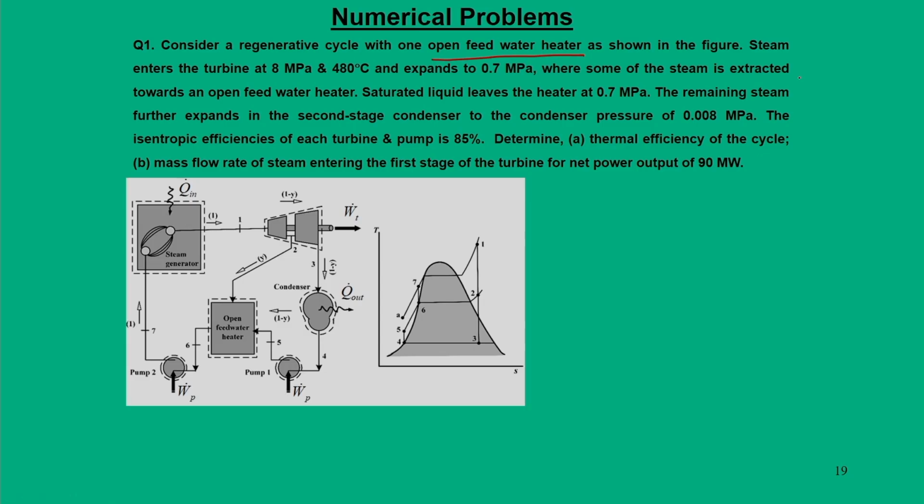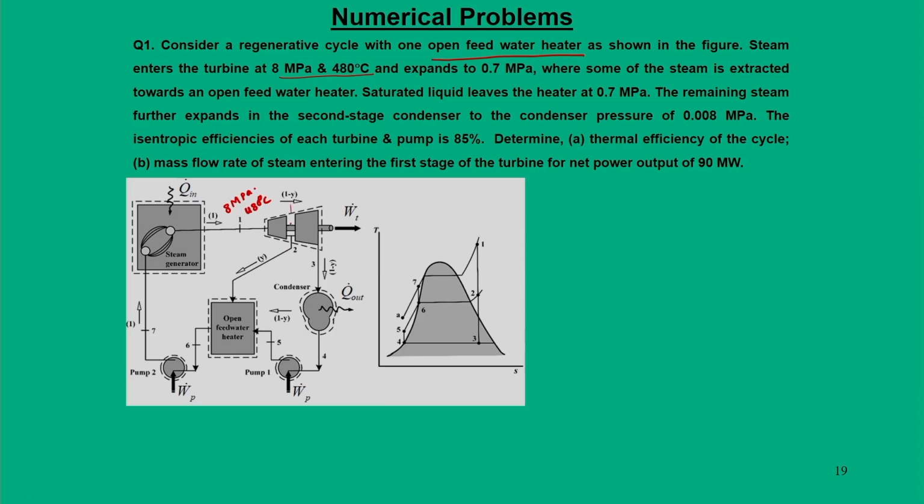Okay. What the problem statement says is that steam enters the turbine at 8 MPa and 480 degrees centigrade. So, state 1 is 8 megapascal and 480 degrees centigrade, and it expands to a pressure of 0.7 megapascals.